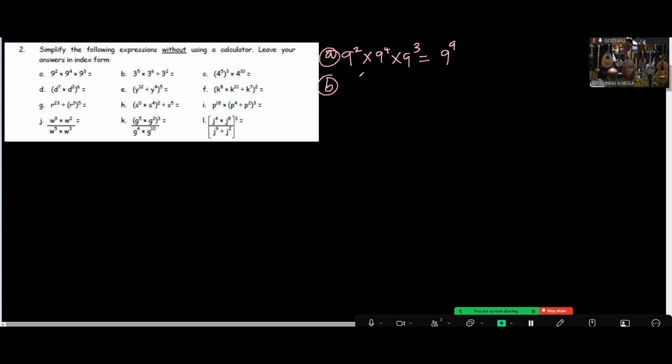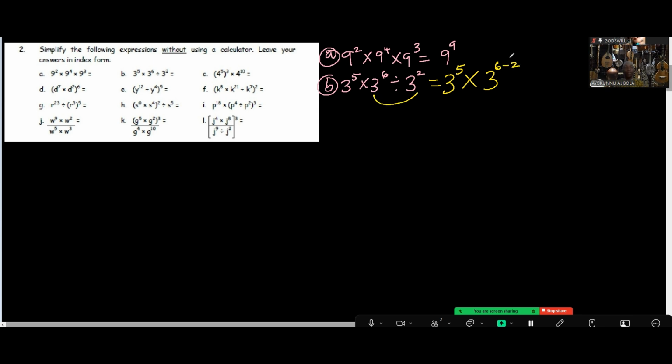The second part, we have 3 raised to the power 5 times 3 raised to the power 6 divided by 3 raised to the power 2. Now, take note of the division sign. It means you're going to subtract between these powers. So we pick the first 3 raised to the power 5, and then pick the second 3 and subtract the powers, 6 minus 2.